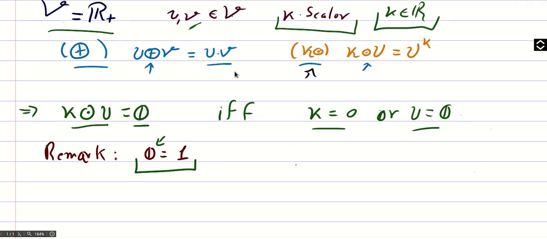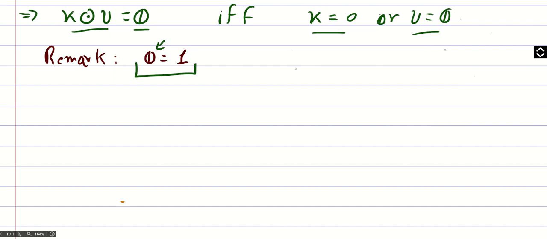So let's start with the proof. The first thing is to assume that k is different from 0. So if k is different from 0 and k times u is equal to the zero vector, this is equivalent to saying that u to the power of k is equal to 1.